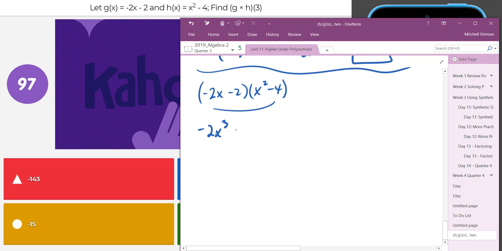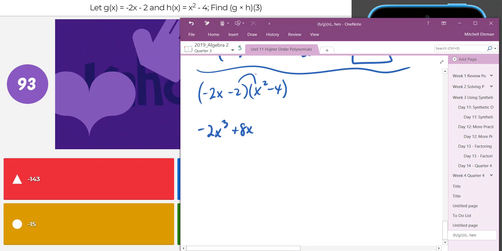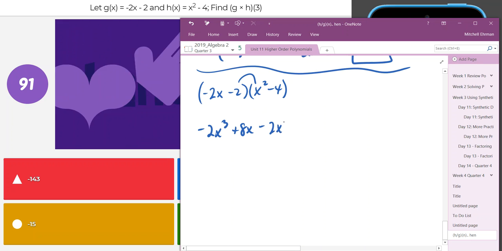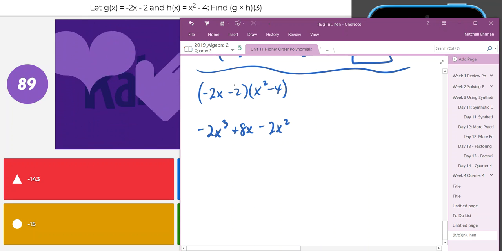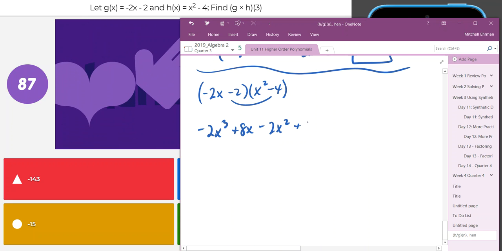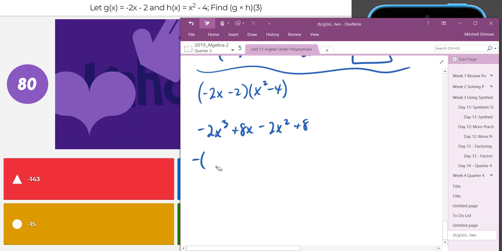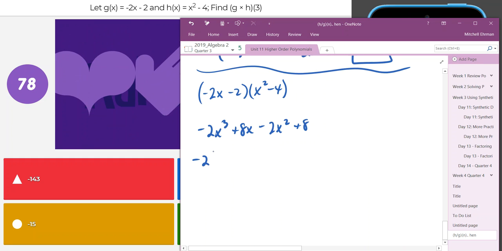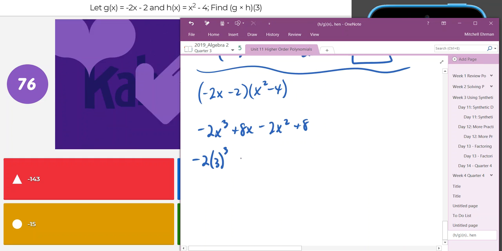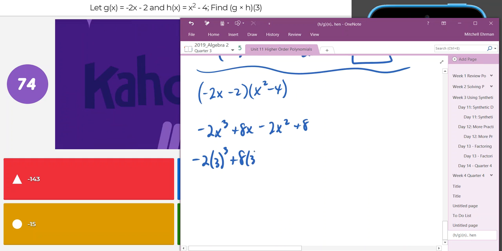Then we've got positive 8x for the outside, negative 2x squared for the inside, and positive 8 for the last terms. No like terms to combine, so we'll go ahead and substitute the number 3. Negative 2 times 3 cubed plus 8 times 3 minus 2 times 3 squared plus 8.